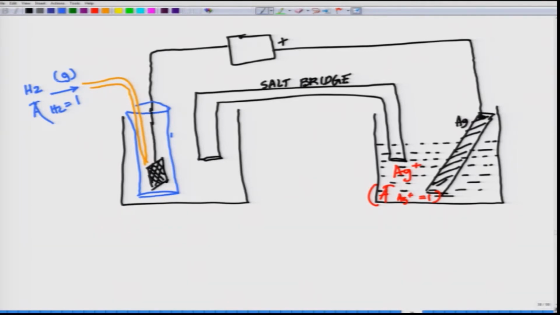Of course, that also has an activity of H2 equal to 1, which is unity. There you have a glass tube, you have platinum, and you have bubbling of hydrogen happening out here. I am just showing the hydrogen with the green bubbles.